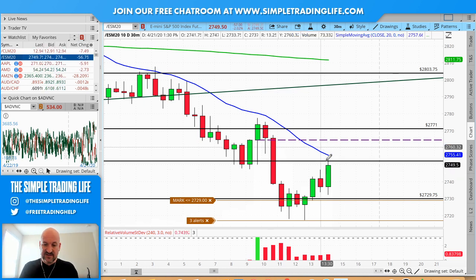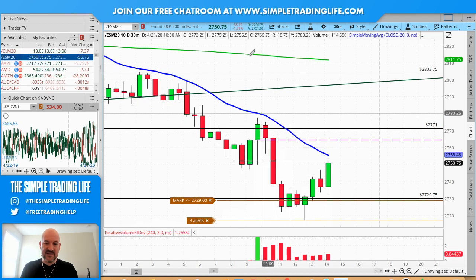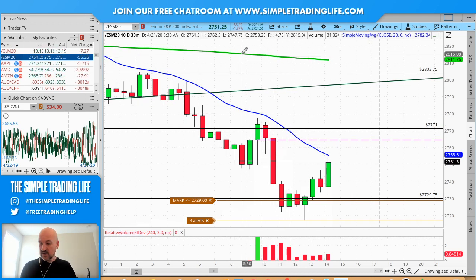So, and we also have the 20. This is the 20 SMA if you're new, the 20 simple moving average. The green line is the 200 simple moving average. Those are the only two moving averages I personally use. There are a lot of people who use a bunch of different things. Maybe they use 20/50, 10/30, 14/30, 9/22, 8/21.